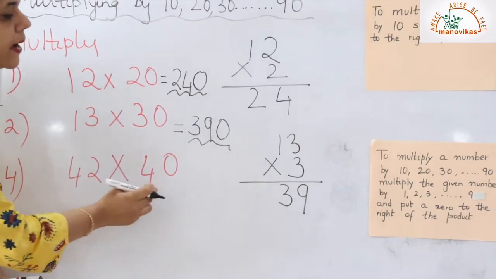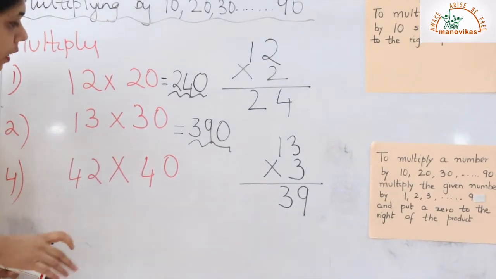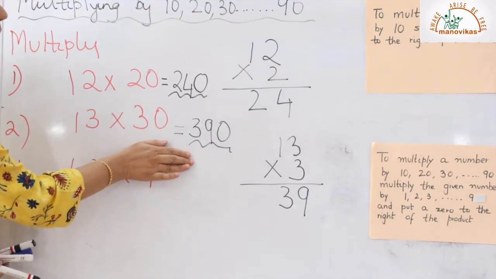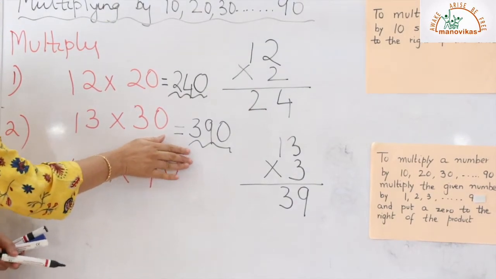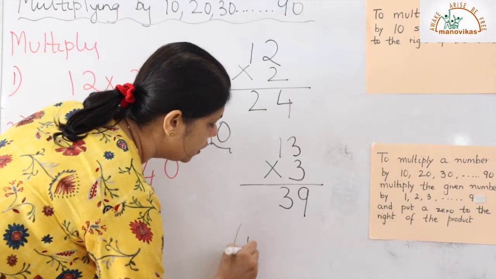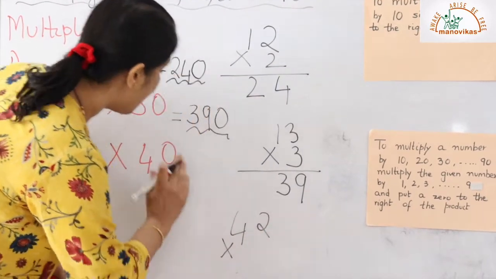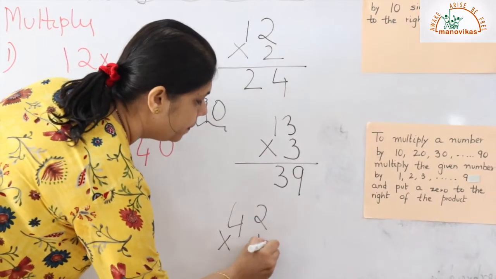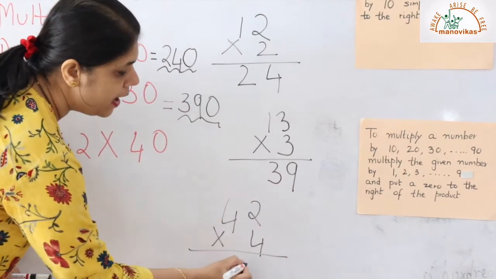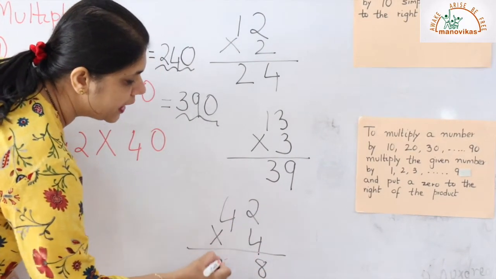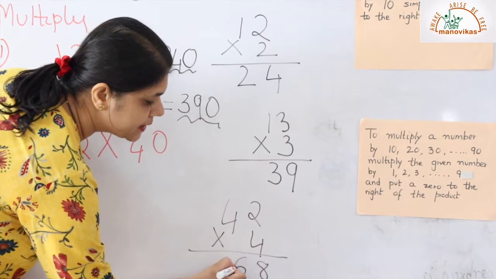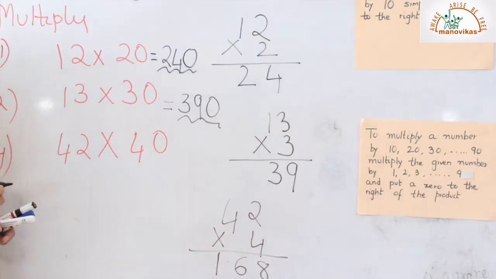42 multiplied by 40. Again, which is the number you need to multiply? 42, right? So 42 multiplied by 4. 4 twos are 8 and 4 fours are how much? 16. So 6 here and 1 in the hundreds column.